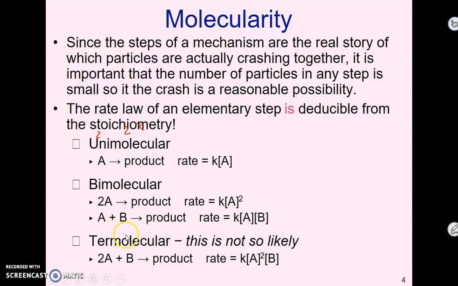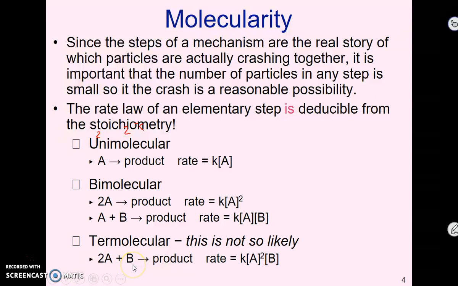Now, termolecular reactions are very, very unlikely. So usually they don't describe the rate law that often. They're unlikely to occur and usually not accepted in mechanisms. If you think about it, for a bimolecular collision to occur, two molecules have to hit with enough energy and also in the right position or right orientation for this reaction to occur.